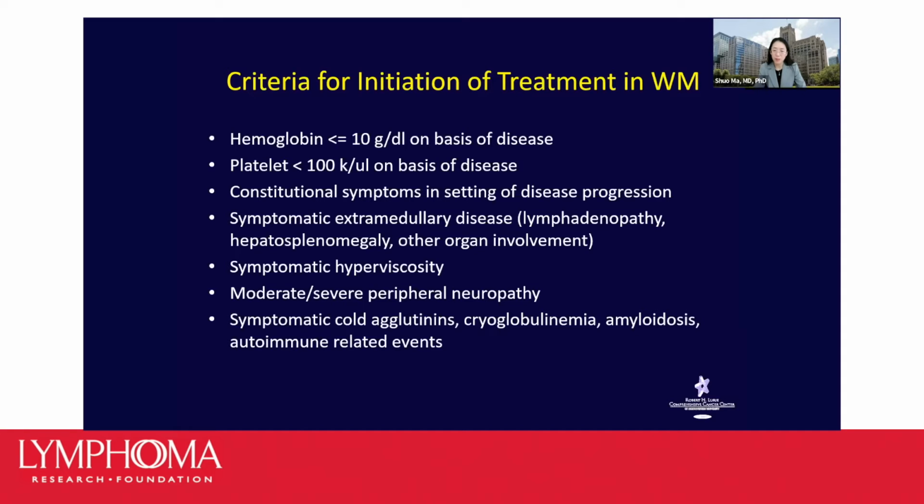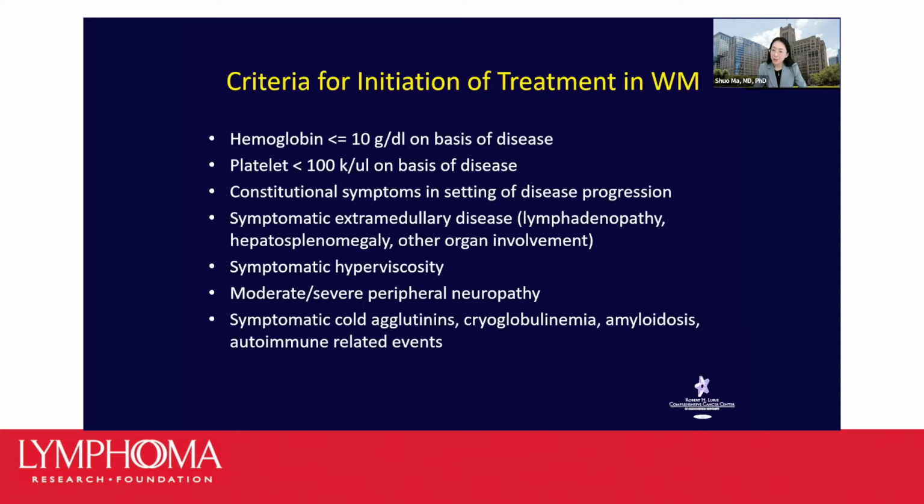If there are too many of those lymphoma cells occupying the bone marrow, the production function of the bone marrow goes down, and then you can start to see progressive anemia or a progressive drop in other normal blood cell counts, such as the platelet counts. When that's occurring and a bone marrow biopsy shows that it's indeed those lymphoma cells causing those cytopenias, then that's an indication for treatment.